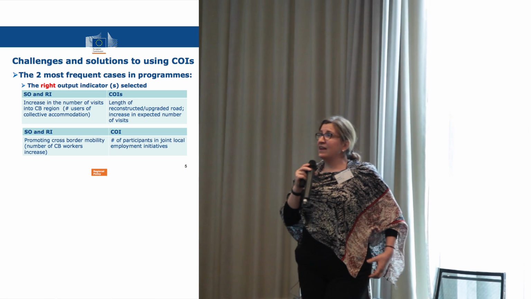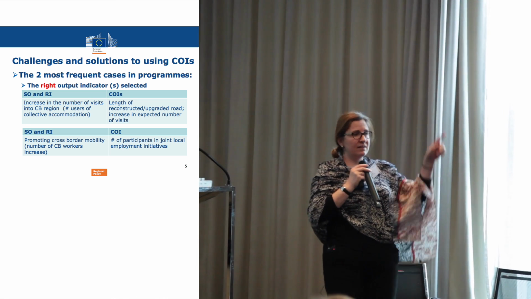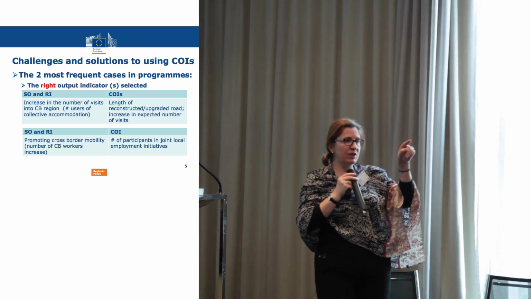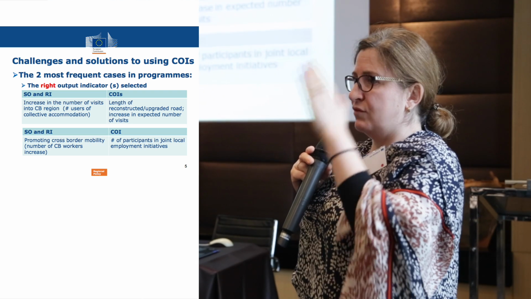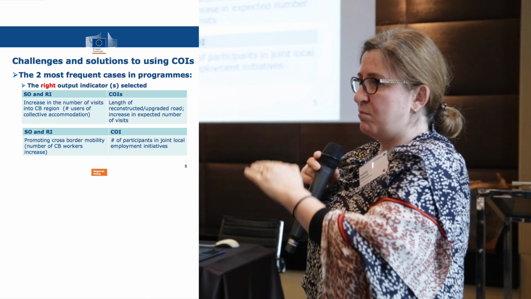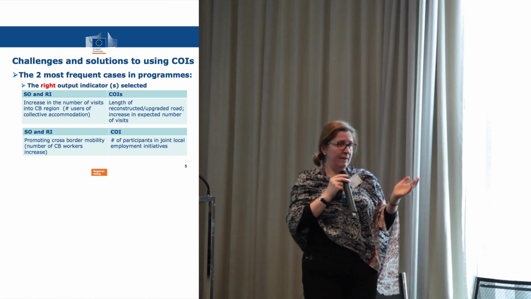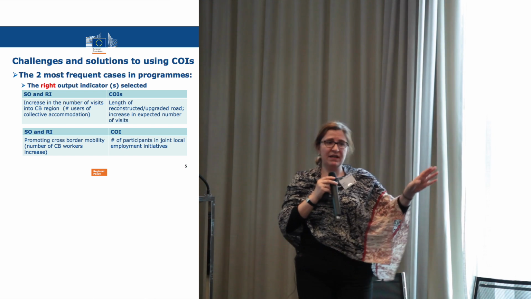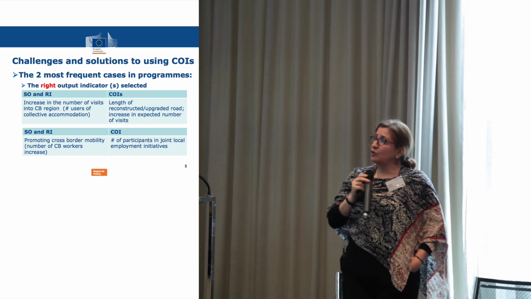So the thing I was saying about common indicators: your intervention logic, the logical link between needs assessment and problem analysis, response strategy, and then how I measure my response strategy. Has it been the real one and the needed one, or has it been something completely off the mark, is measured by these output indicators.